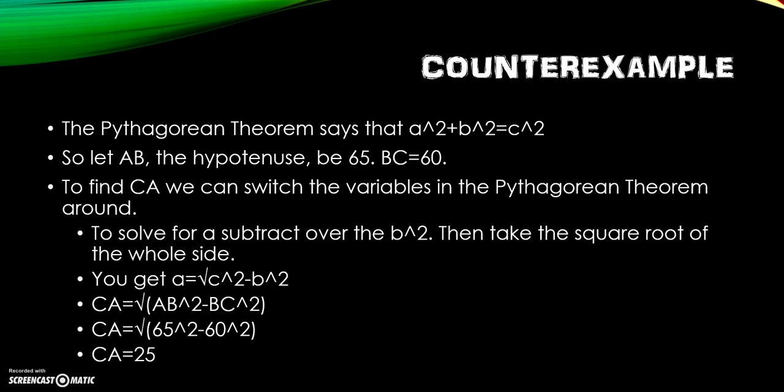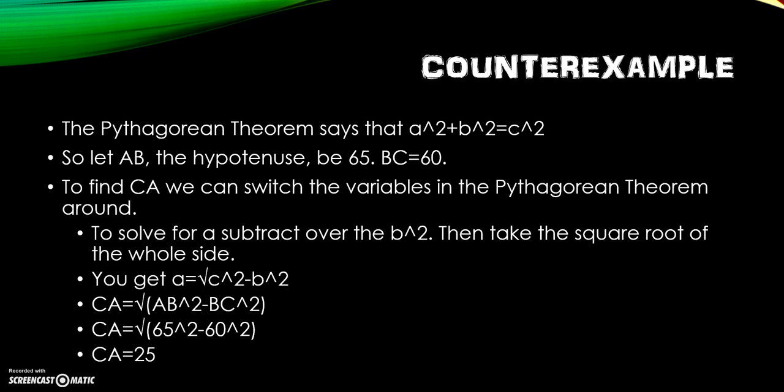So we're solving for CA, so it's going to be CA equals the square root of AB squared, because this is our hypotenuse, and then minus b squared, which is the other side, BC squared. Then we're going to put in the appropriate values for AB and BC.